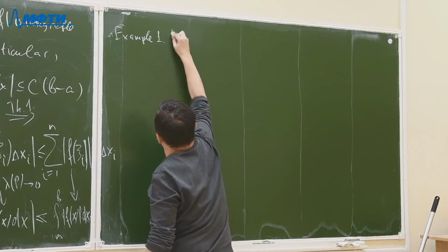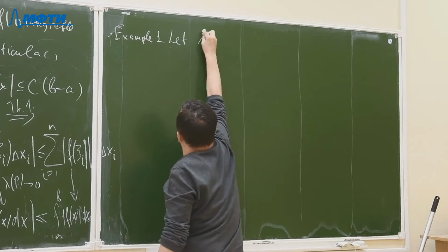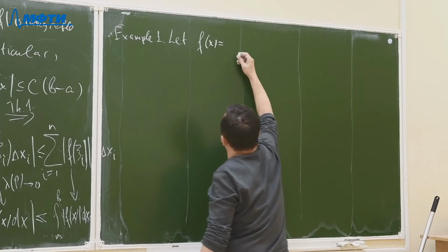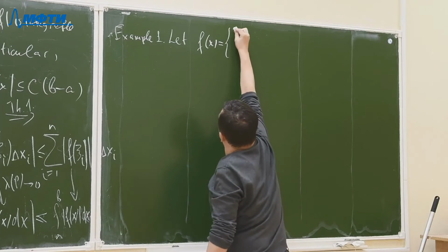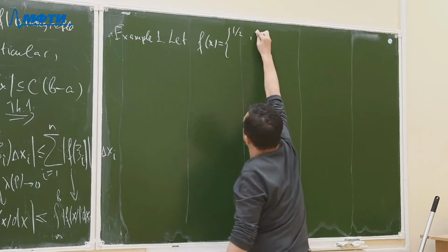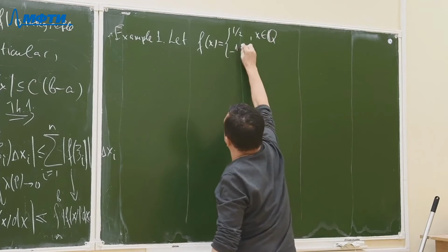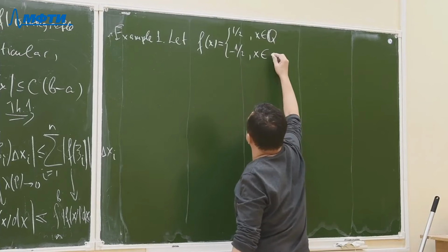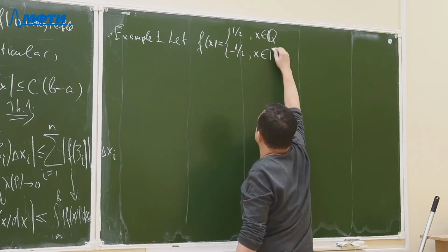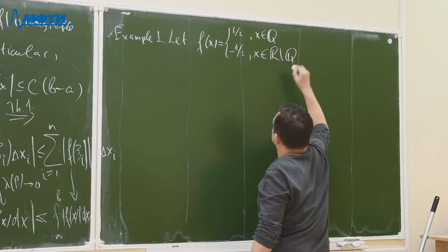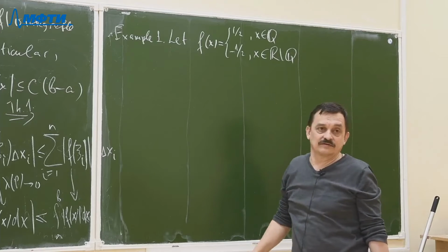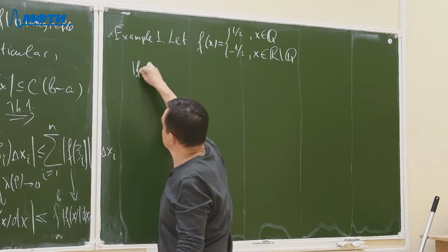Let f of x equal 1/2 if x is rational, minus 1/2 if x is irrational. Then modulus of f is what?